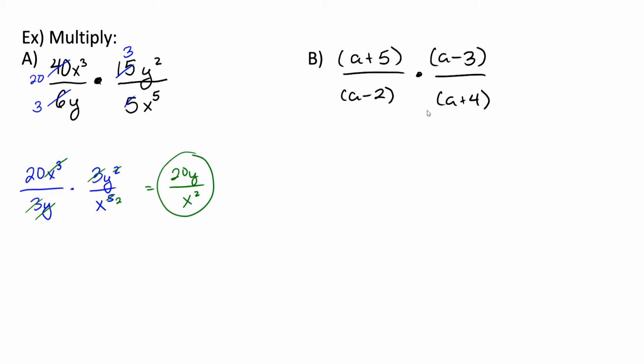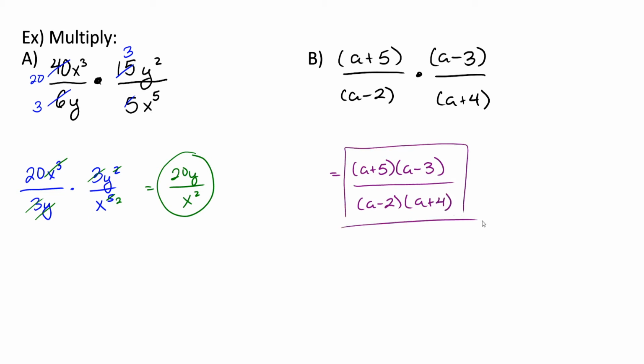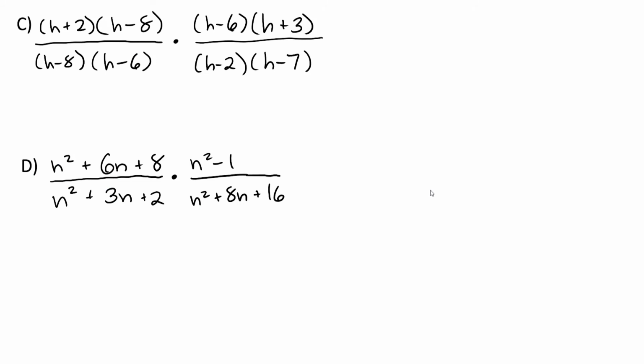If we take a look at part B, there aren't immediately any common factors, so all we can do is express our product like this: a plus 5 times a minus 3 divided by a minus 2 times a plus 4, and that's it. There's no common factors to divide out, and we don't need to multiply out any of these factors.